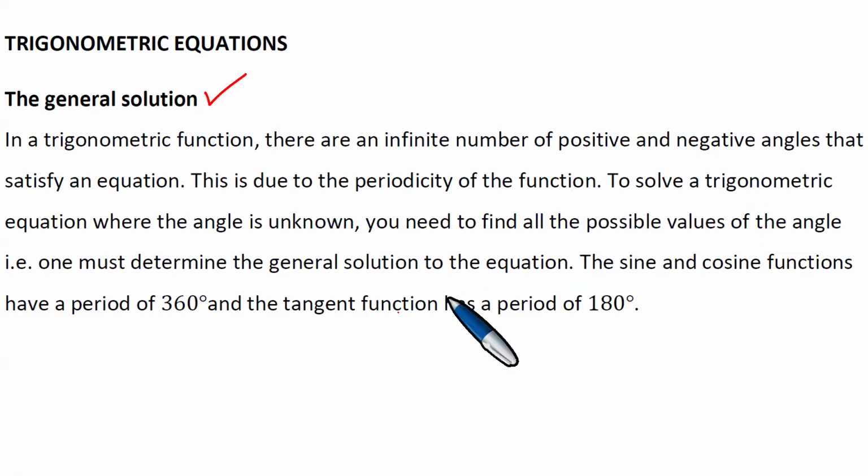Now, to solve a trigonometric equation where the angle is unknown, you need to find all values of the angle. That is, one must determine the general solution to the equation.